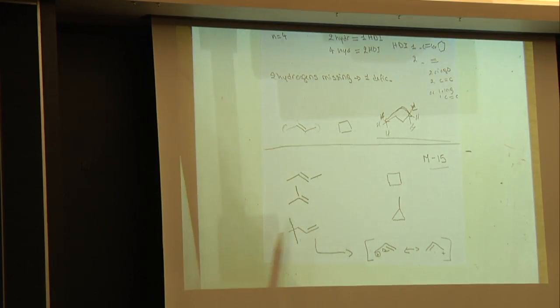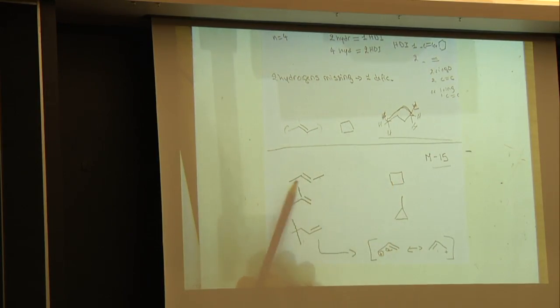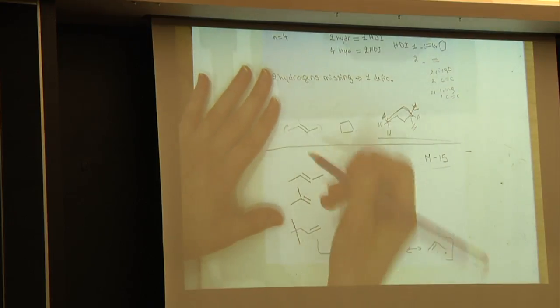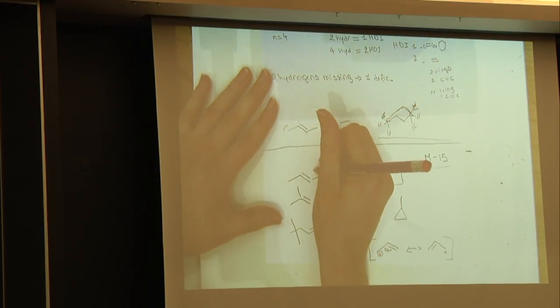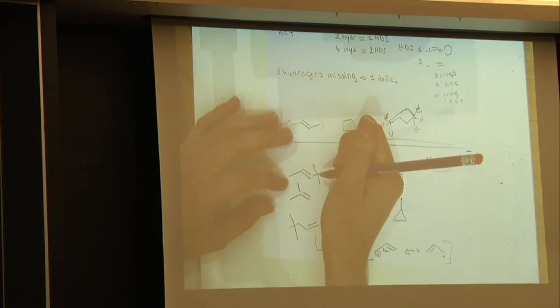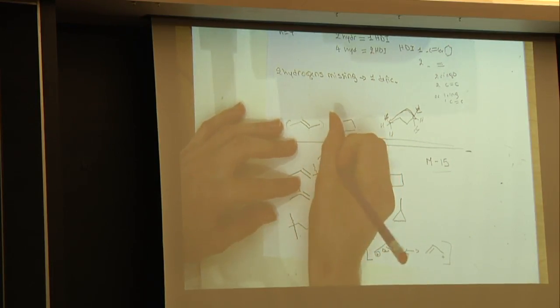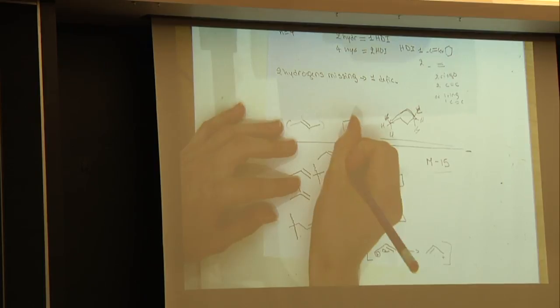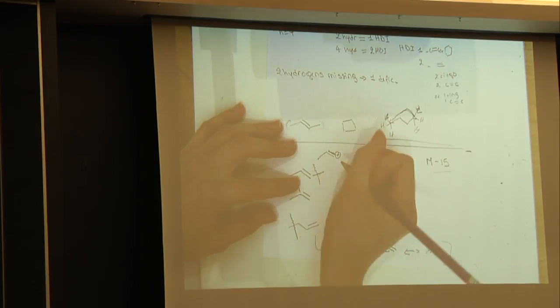Any questions about that one before we move on? This one? Well, let's see. If I fragment this, like here, I will have a vinylic carbocation.